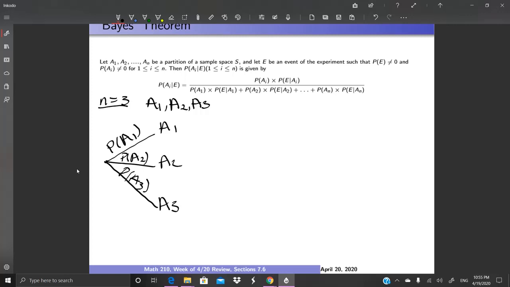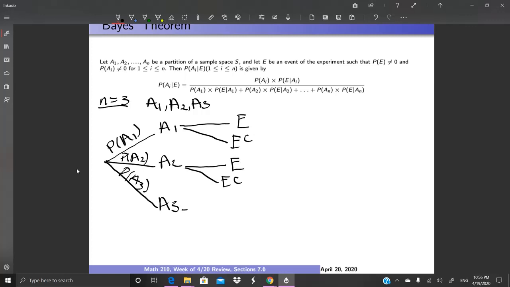So now the idea is we're gonna have to figure out the probability of A sub i given the event E, but these A sub i's are the ones that partition the sample space, so they show up first, and then after them, you get the E, right? But it's one possibility is E, and then what's the other possibility? It's whatever is not an E, so E complement, and then you do the same thing for all 3 of them.